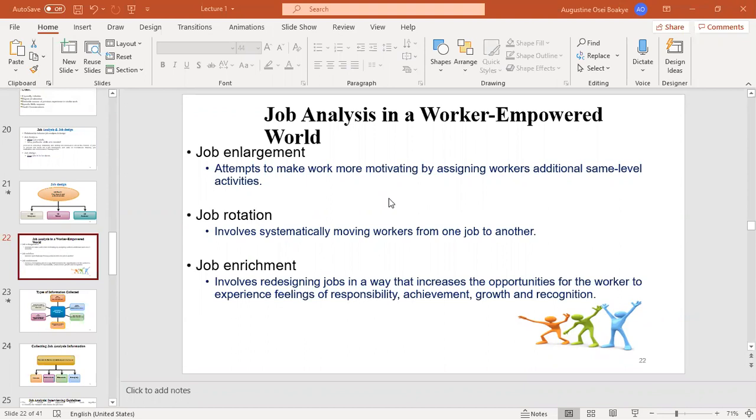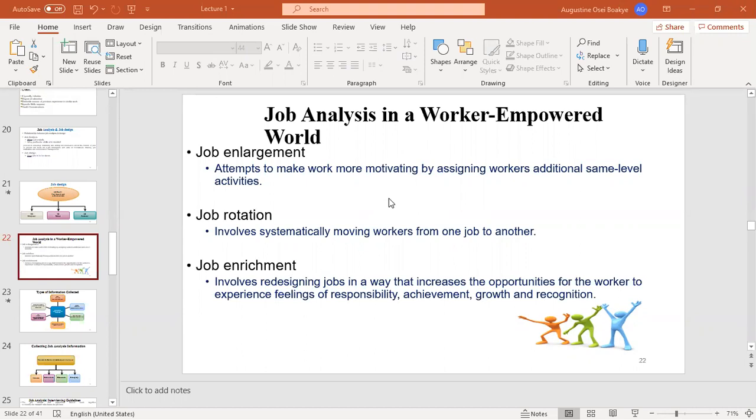The last job design that I'll be introducing you to is what we call job enrichment. Job enrichment. Now, there comes a point in the life of every human resource or every employee where they feel that they've been so loyal to their organization and they have mastered the task which they are performing.